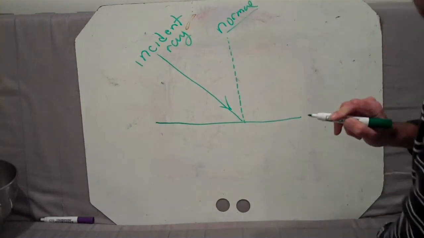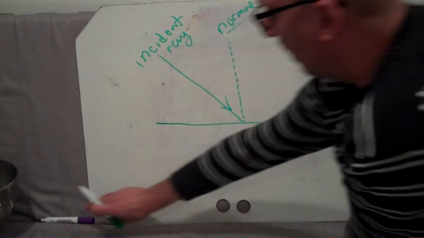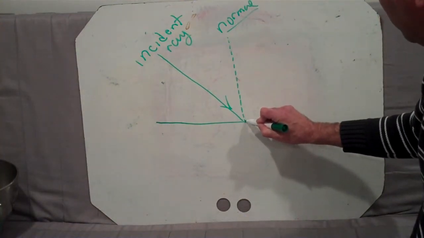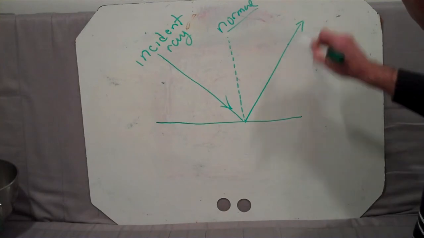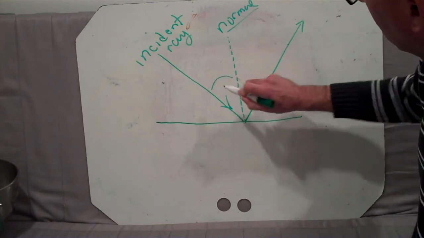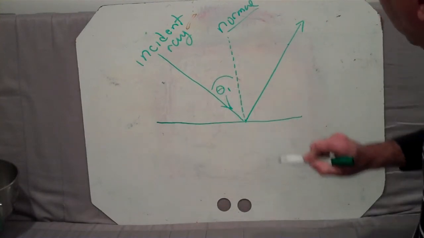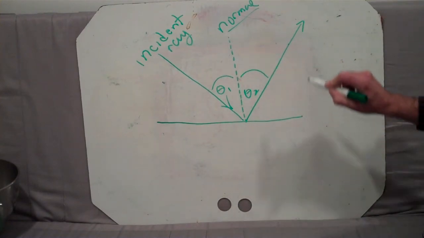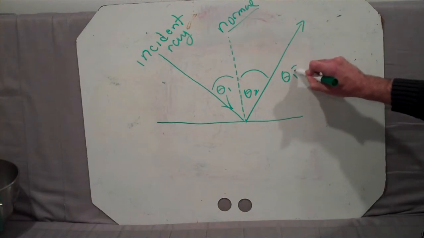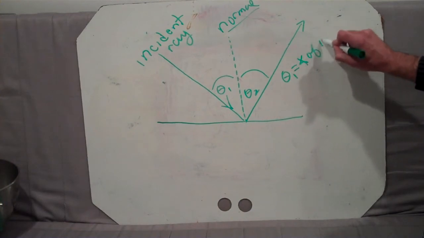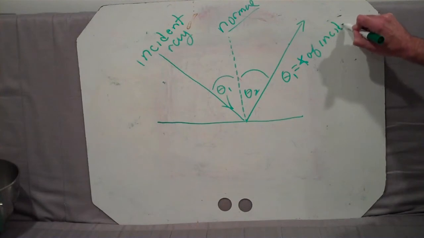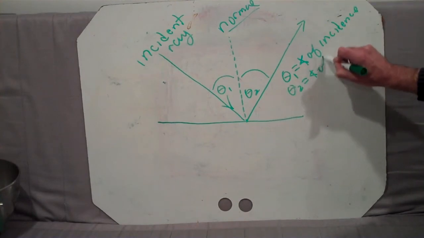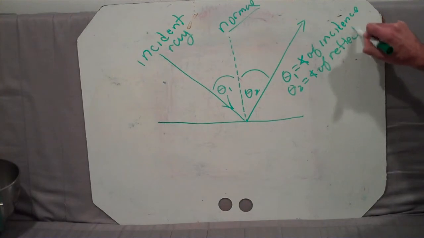And we demonstrated that the ray always reflects where the angle of incidence, which we'll call theta 1, is equal to the angle of reflection, which is theta 2. So theta 1 is the angle of incidence, and theta 2 is the angle of reflection.